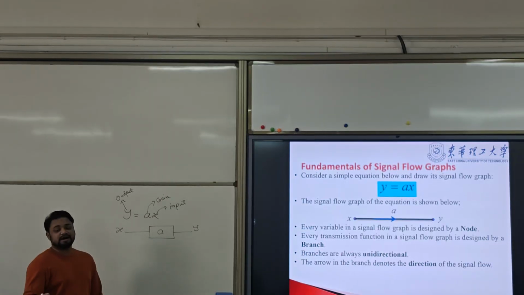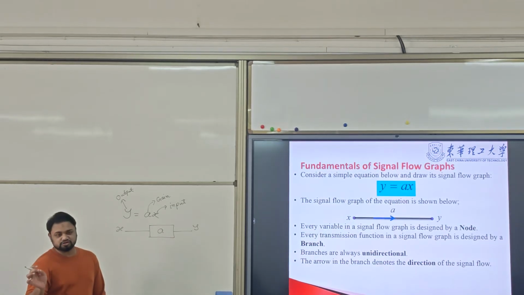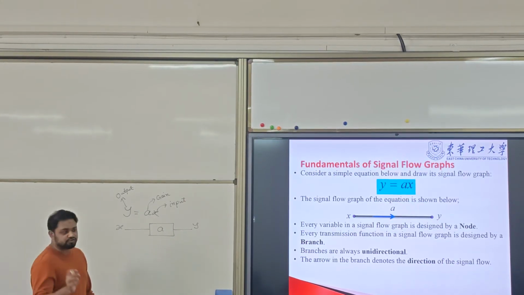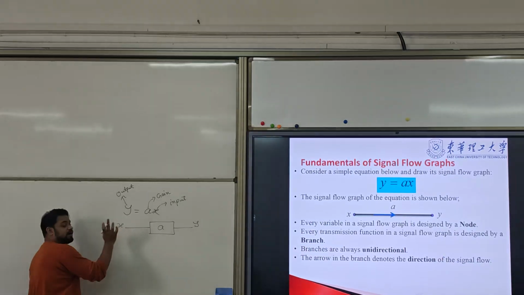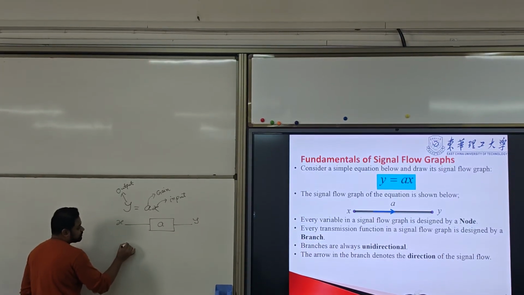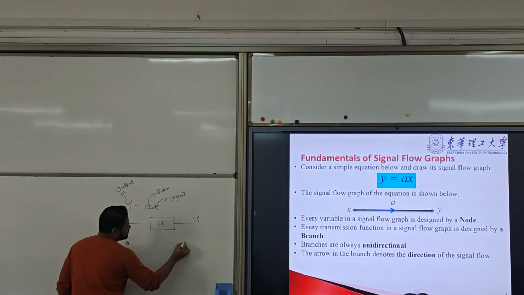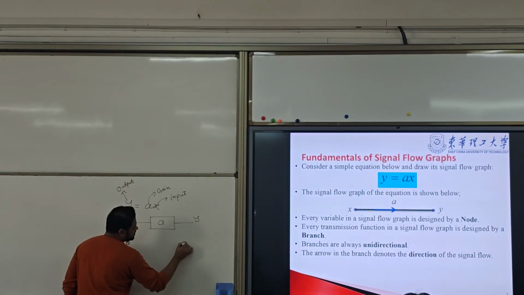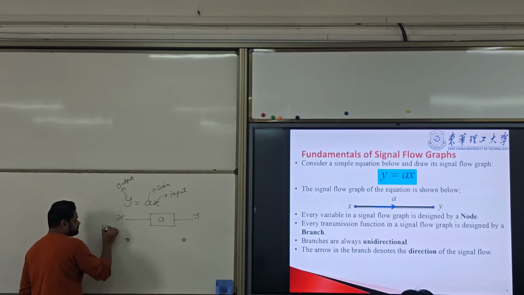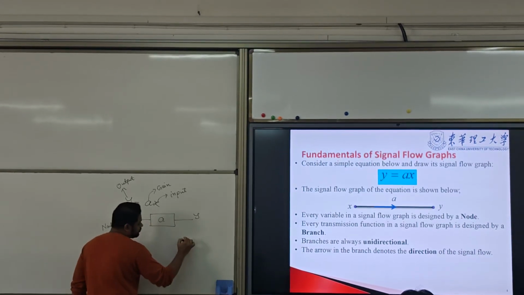It is represented by some nodes and branches. So what are the nodes? The inputs and outputs are all called nodes. We have one input, so here we have a node. Then we have one output, which is also a node. So these are called nodes.